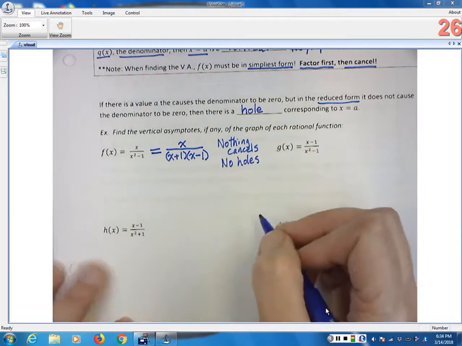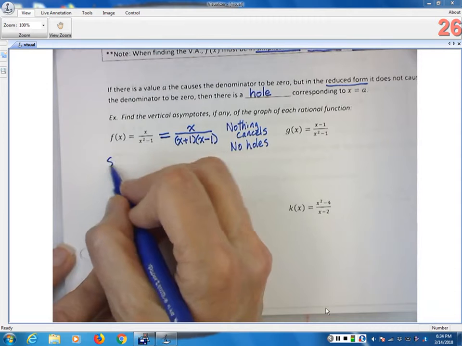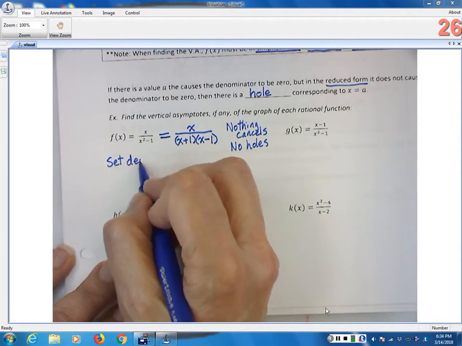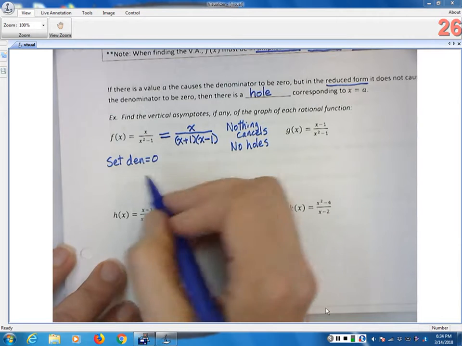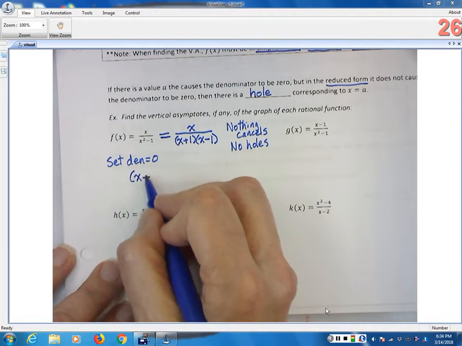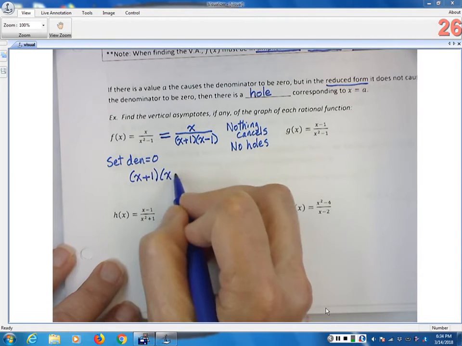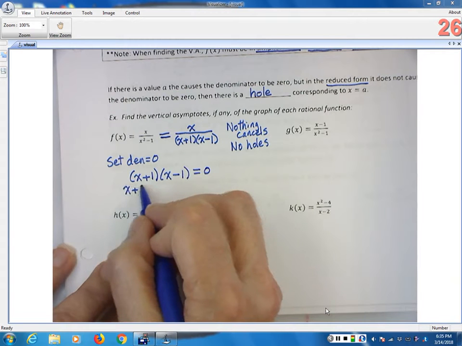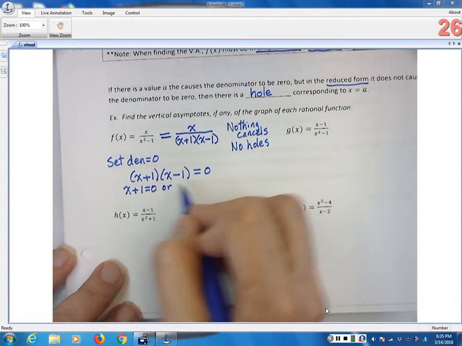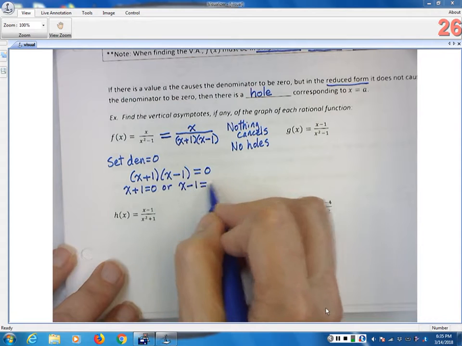So we're going to set our denominator to 0, and these will be the vertical asymptotes. So x plus 1, we already factored it, let's set that to 0. So x plus 1 equals 0, or x minus 1 equals 0.